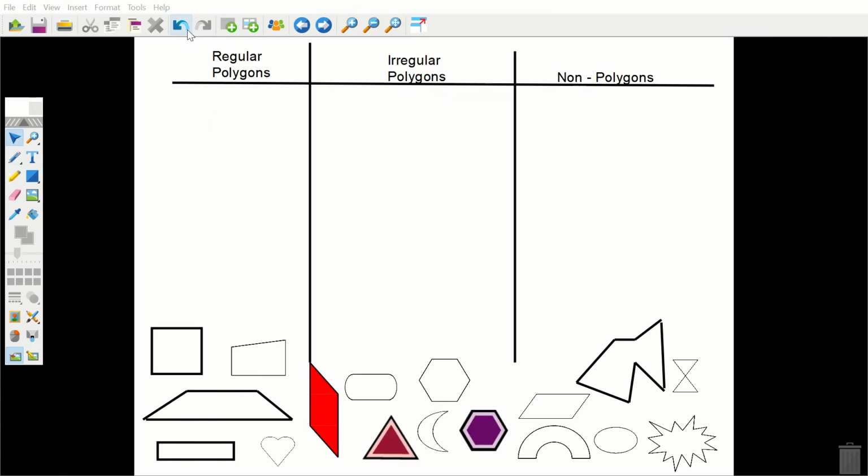All right, what we're going to do now is break down polygons into two specific subcategories: regular polygons and irregular polygons. What you need to know about polygons in general are a couple of things. One, they're all made up of line segments.